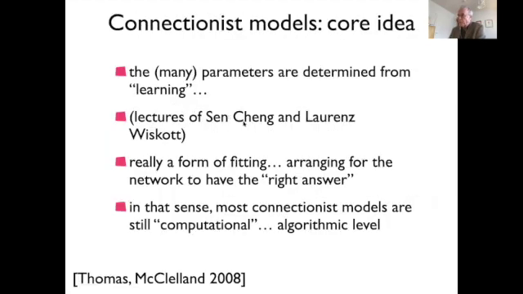Sen Cheng will give a whole lecture about specific approaches to these so-called learning mechanisms, and then also lead over to learning processes that are closer to actual learning, for instance reinforcement learning, that would be close to what animals actually do. And Laurenz Wiskott used, of course, connectionist networks to explain tuning curves and receptive fields, and showed some principles. I don't remember if he did slow feature analysis, but his slow feature analysis could be thought of as a computational principle at the level of connections.